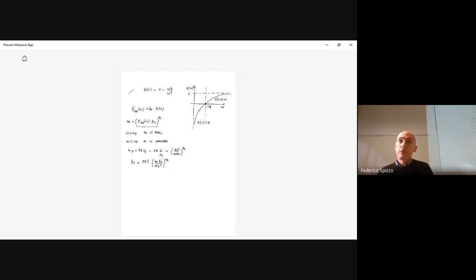And if we make the calculation for aluminum, the electronic density is 18.1 times 10 to the 28 electrons per cubic meter. And the mass of the electron is always 9.1 times 10 to the minus 31 kilograms.